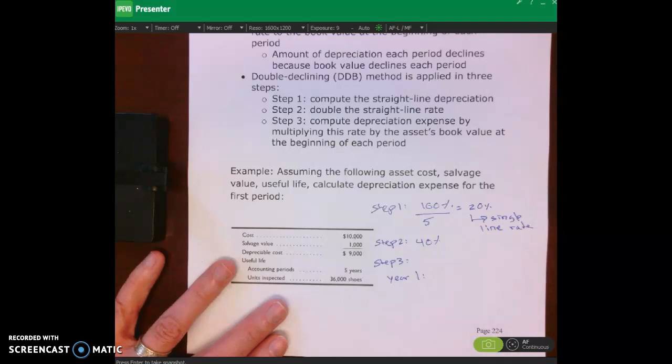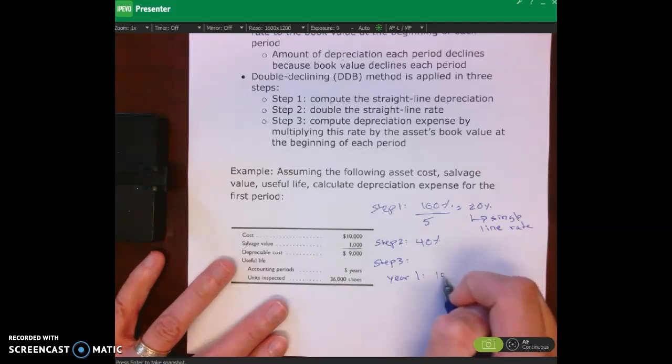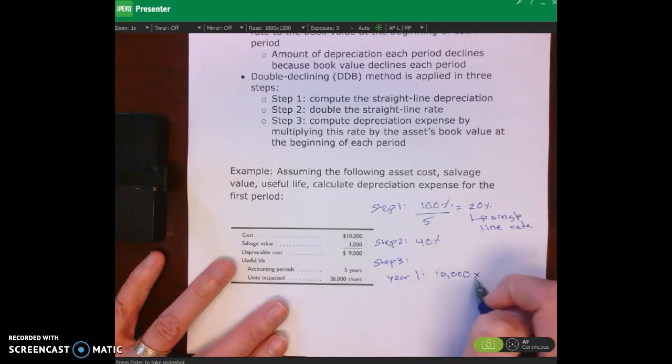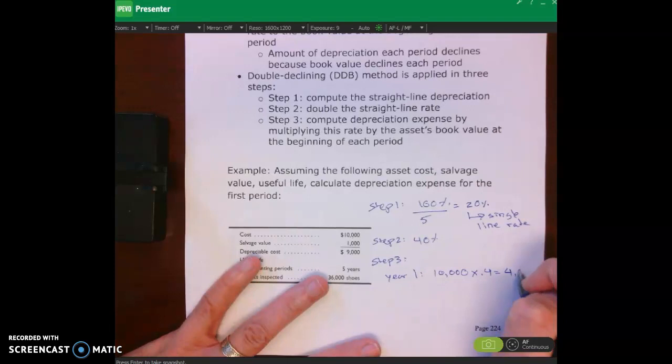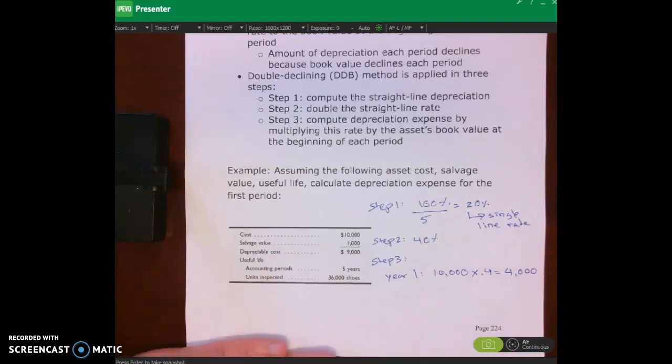At the beginning of year 1, what is the book value? It's $10,000. So I take my $10,000 times my double rate, which gives me $4,000. So at the end of year 1, I would debit depreciation expense $4,000, credit accumulated depreciation $4,000.